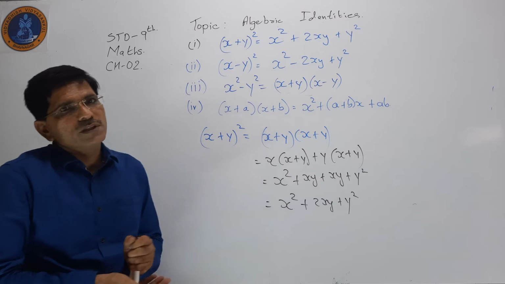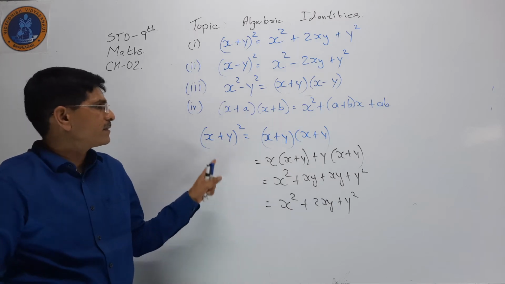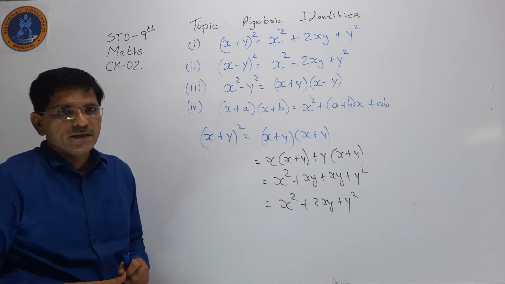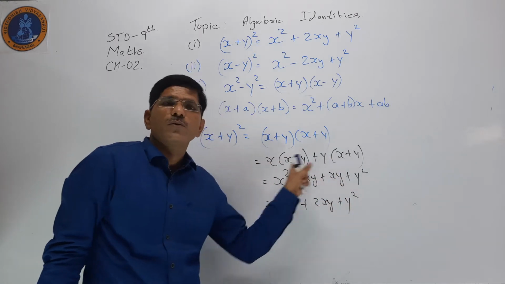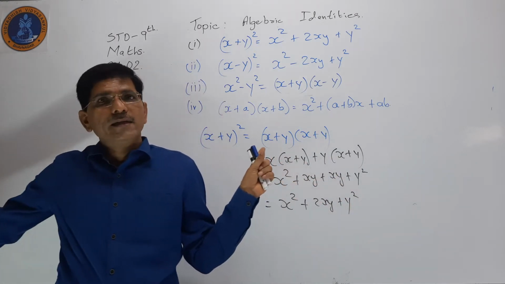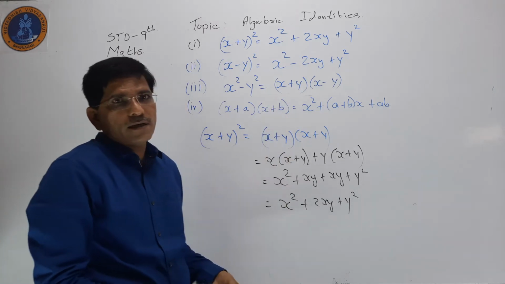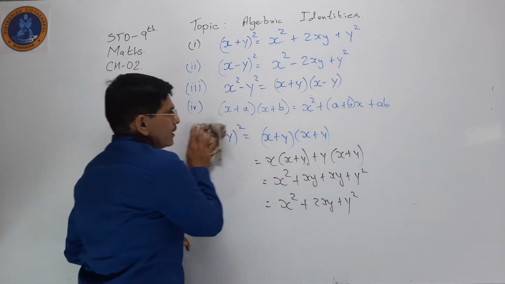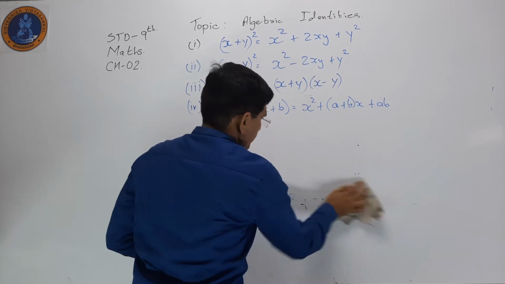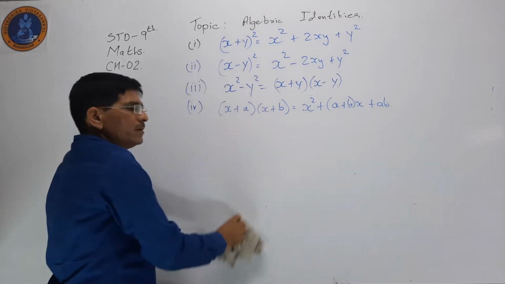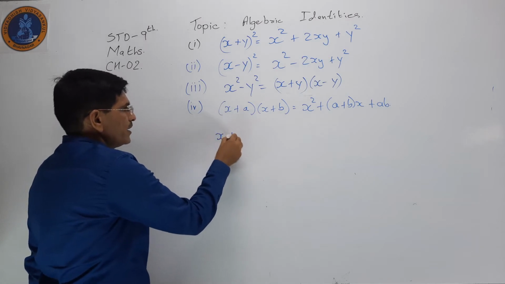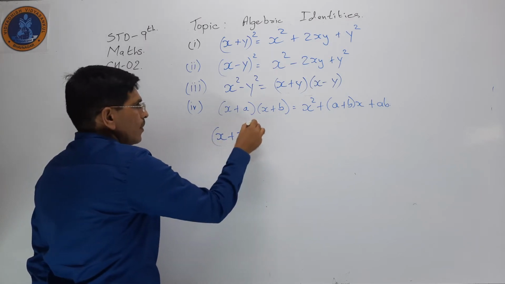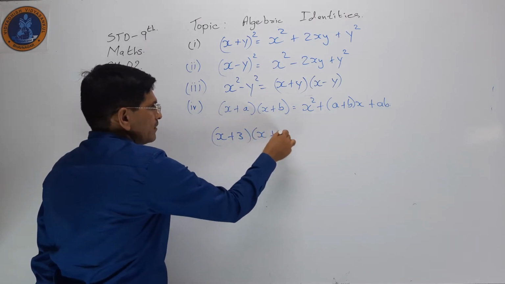So how can we do these sums? By applying the identities. It is not necessary to expand every time; we can use the identities. Let us solve a sum using an identity. First, (x plus 3) whole squared, or x plus 3 two times, is given.